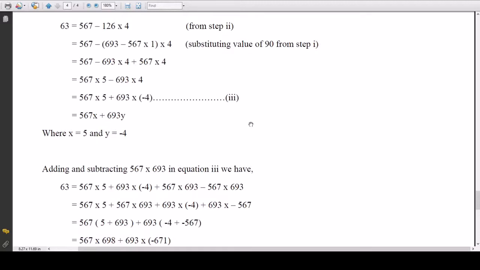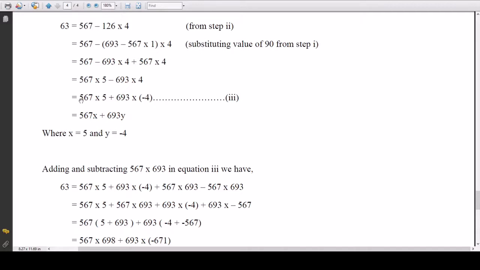Now in any equation, if you add and subtract the same number, what will you get? You will get the same value, because adding and subtracting the same number means those two numbers will cancel each other, isn't it? This means you will get 0, and you will remain as it is.